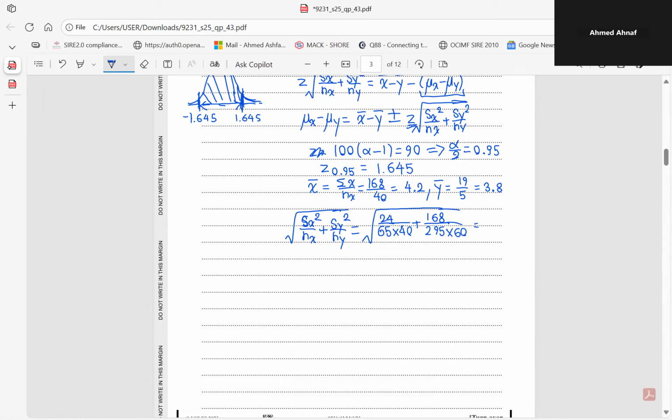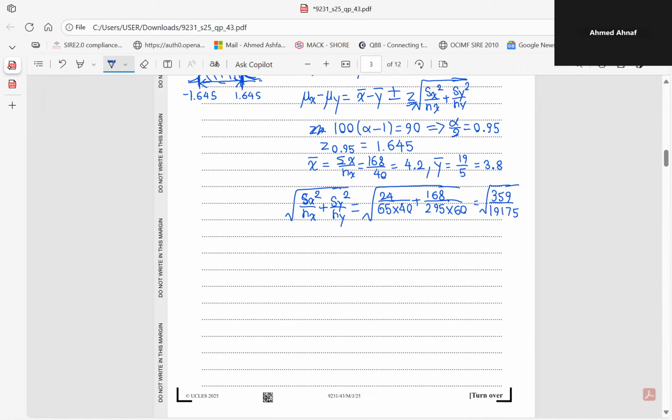So just type it into the calculator. You get square root 359 over 19175. Let's just keep it this way.